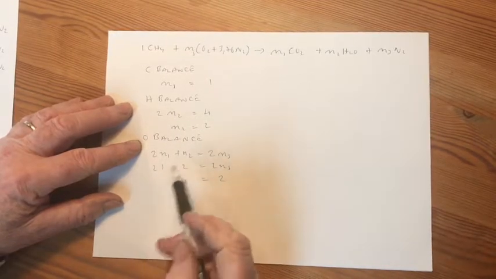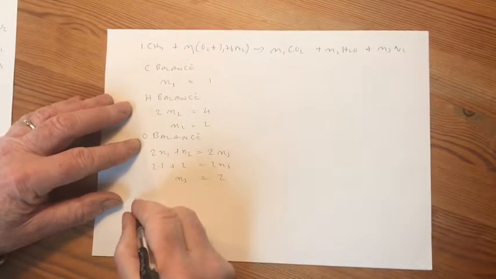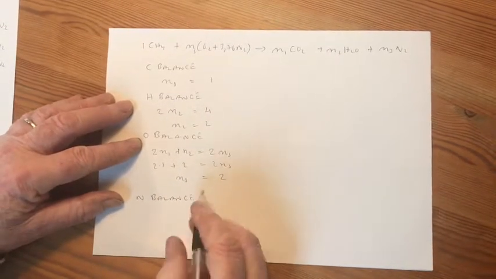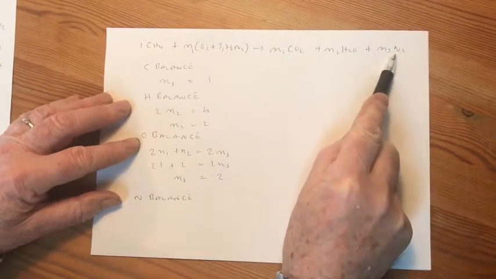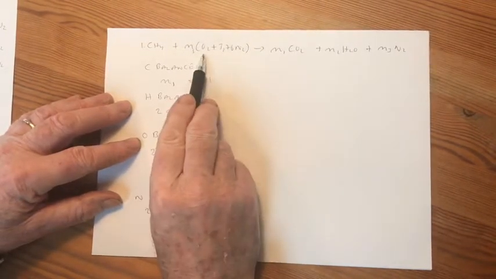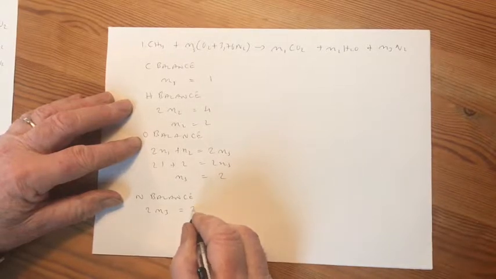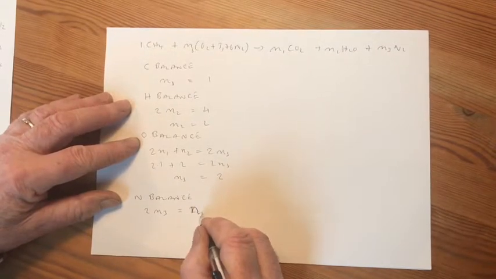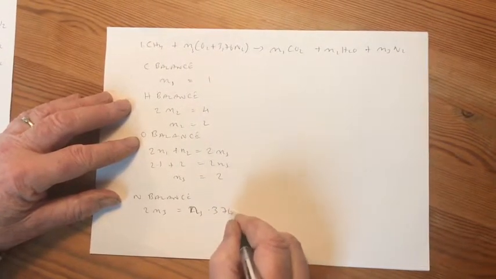Okay, so now the only one we need now is the balance of nitrogen. So we do N balance. So we'll look over here. There are 2 times N3. So 2 times N3 is equal to 2 times Ns by 3.76 by 2.